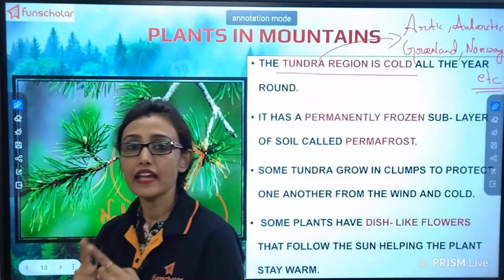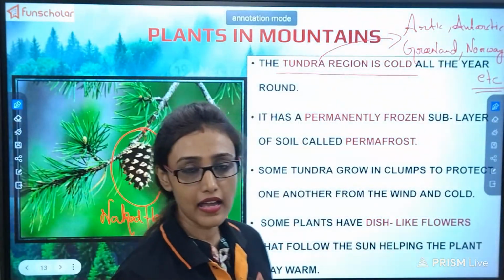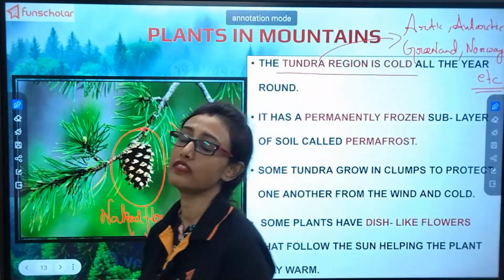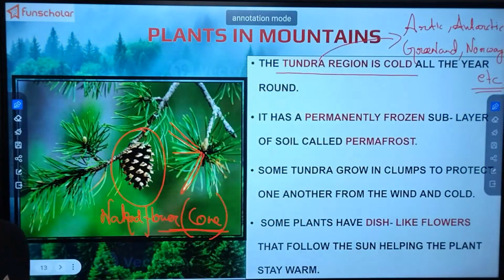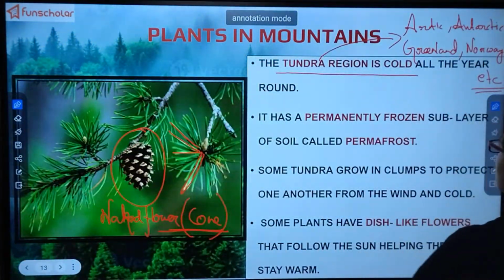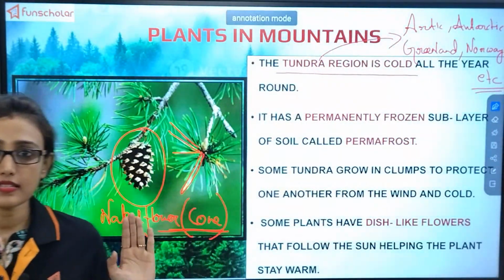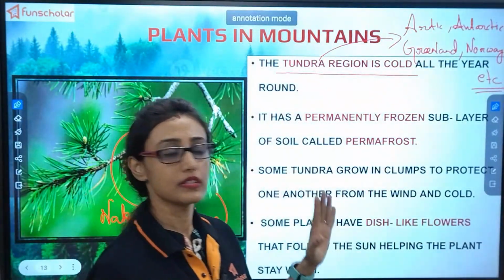They have ice throughout the year. In summer also they will have ice. In winter also there will be more cold, more ice formation. So they are having ice or cold region throughout the year. Those places are known as tundra.